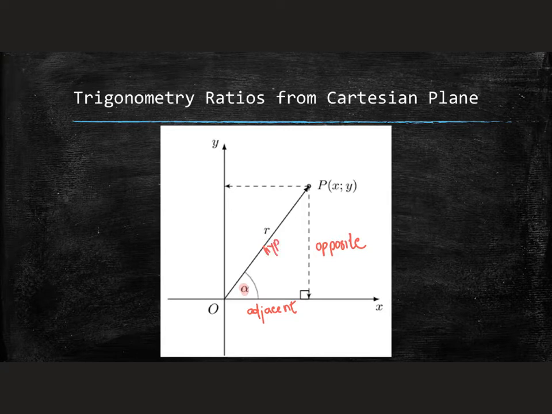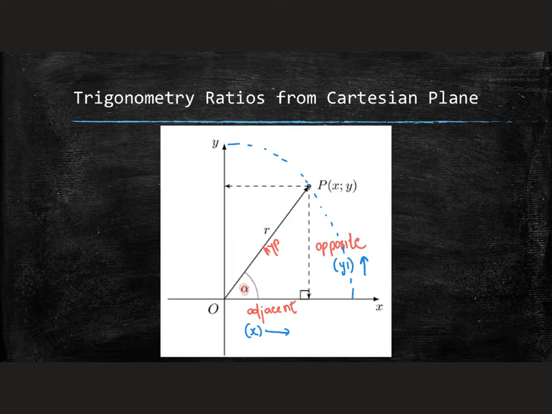However, in the Cartesian plane aspect, when we're speaking about opposite, we're speaking about a y value, a value that goes up and down from the x-axis. When we speak about adjacent, we're speaking about an x value because it moves away from the origin. And instead of the hypotenuse, what we're speaking about is the concept of a radial arm, because this could be pictured as an arm that could be part of a radius that would go around in the circle.